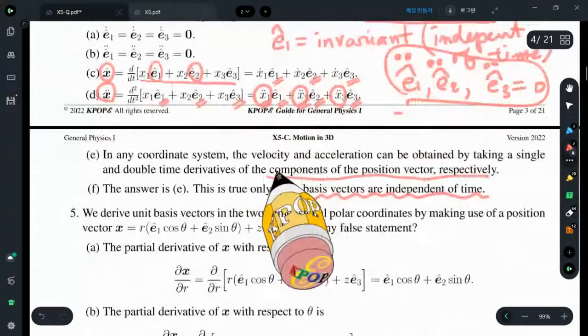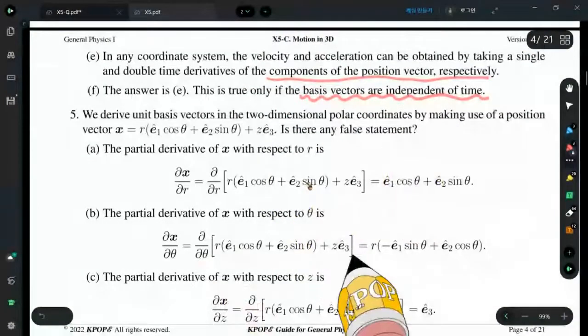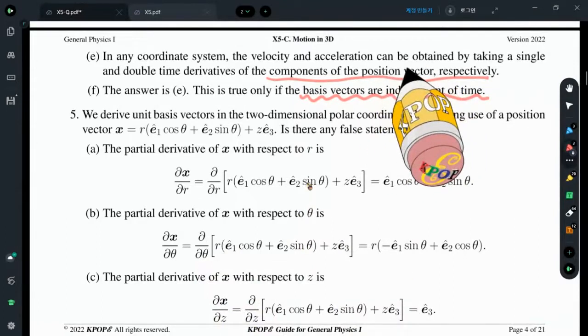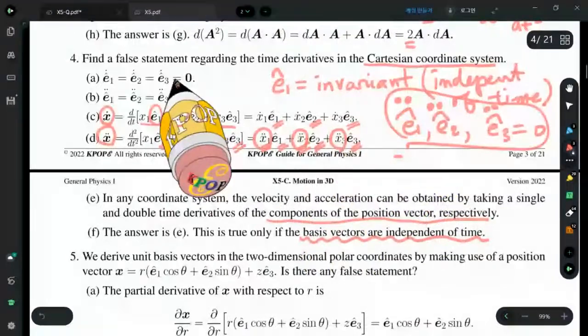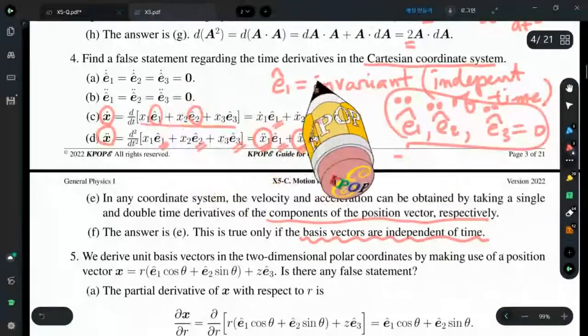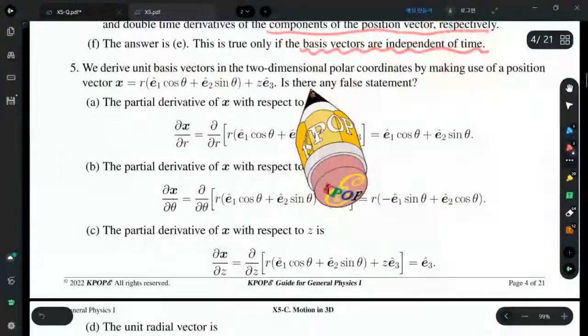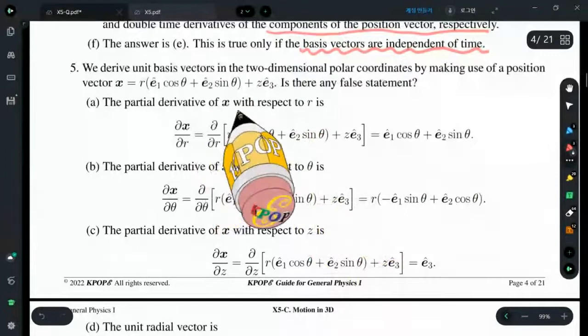We will find it is not true for the polar coordinate system. In polar coordinates, it doesn't work. So this is true only for Cartesian coordinates. All of e1, e2, e3 are invariant, but if we use polar coordinates, they vary depending on the angle.